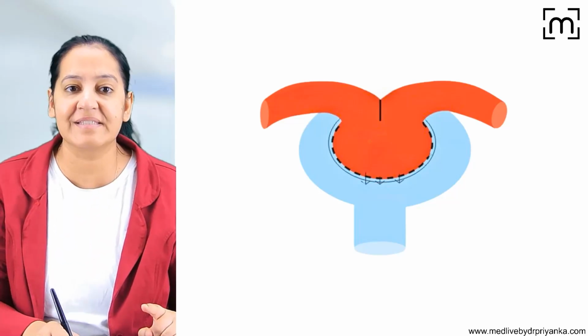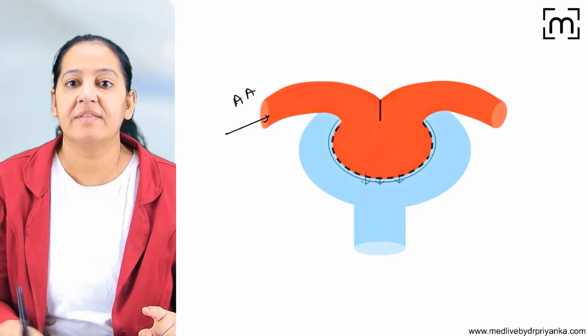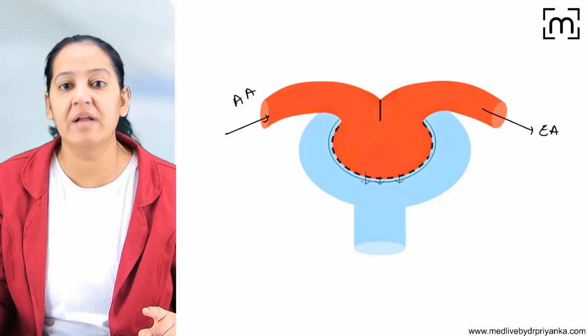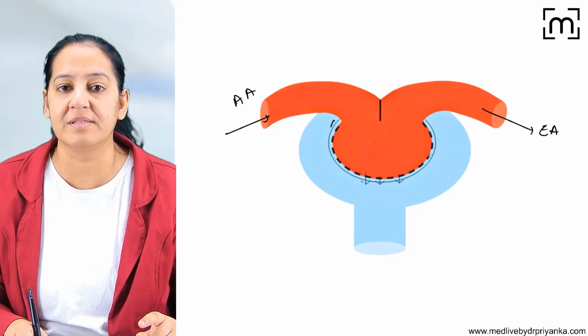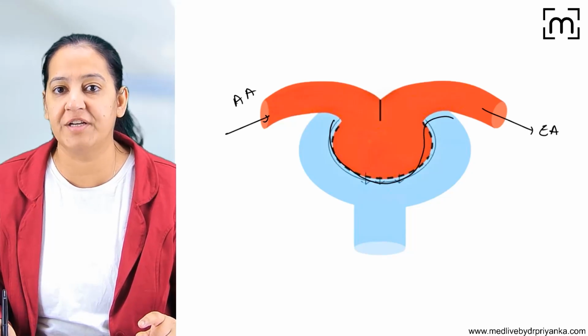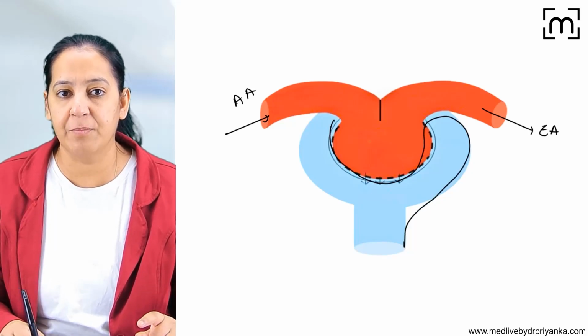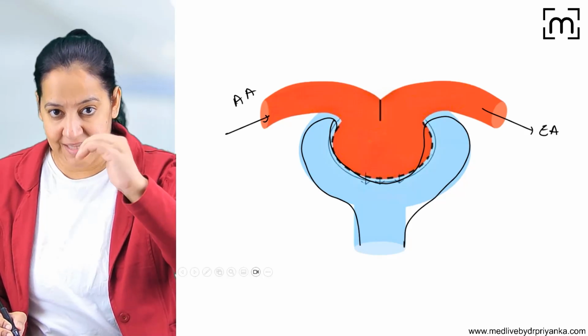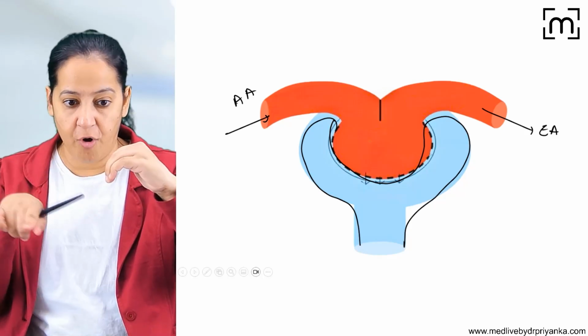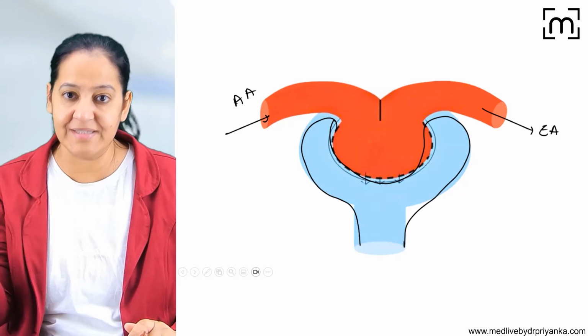Here you can see this is afferent arteriole. This is efferent arteriole, and you can see the capsule, the Bowman's capsule. Appreciate the Bowman's capsule. So afferent arteriole is coming inside the Bowman's capsule, forming a tuft of capillary and leaving out as efferent arteriole.